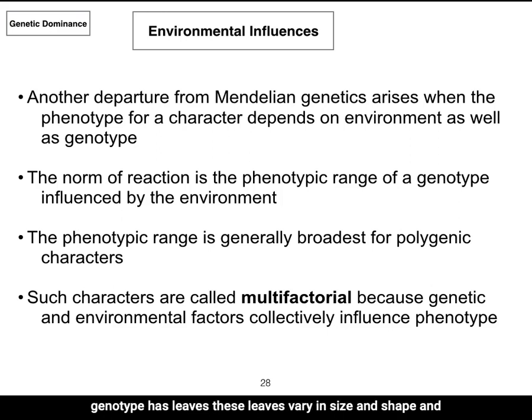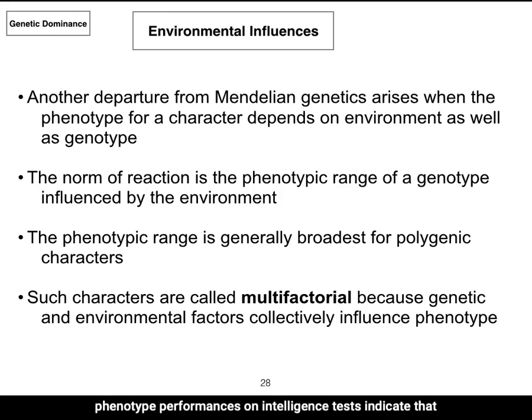These leaves vary in size and shape and greenness depending on their exposure to the wind and the sun. In humans, nutrition influences height. Exercise alters build. Sun tanning darkens the skin. And so all of these are examples of how the environment impacts phenotype.